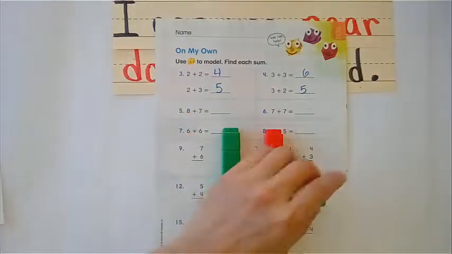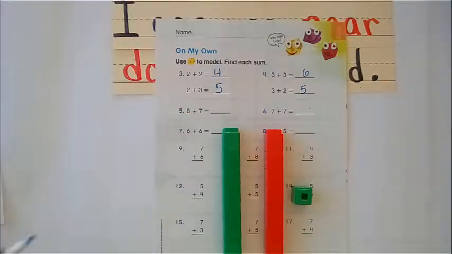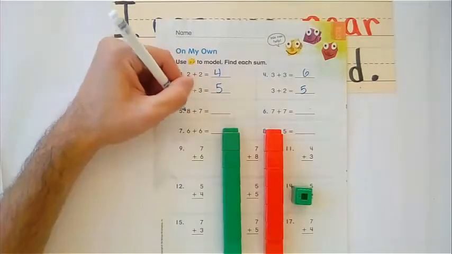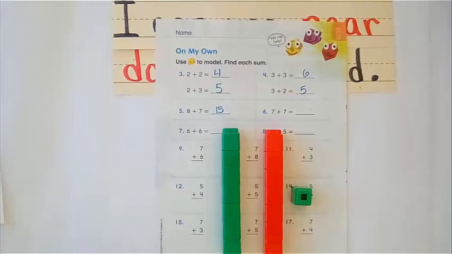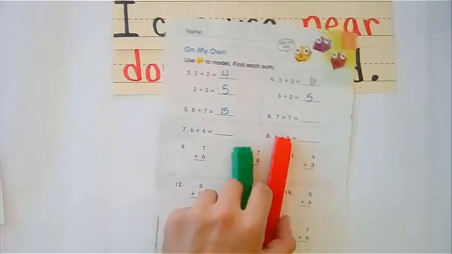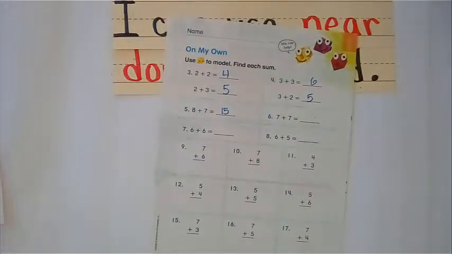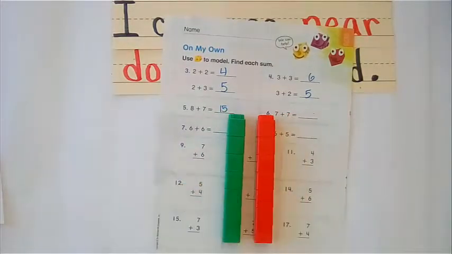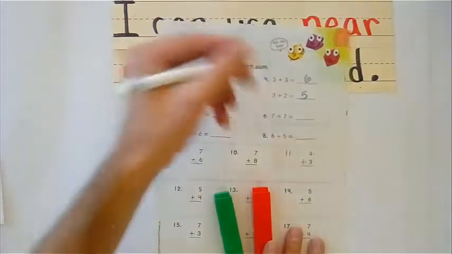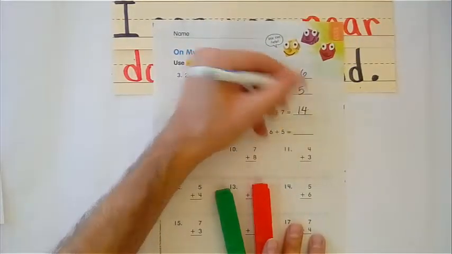So 14 and one more is 15. So 8 plus 7 is 15. Very good. Now what about this one? 7 plus 7. So again, I just had that. So 7 plus 7, I said that that was 14. So that was easy, that's a double.